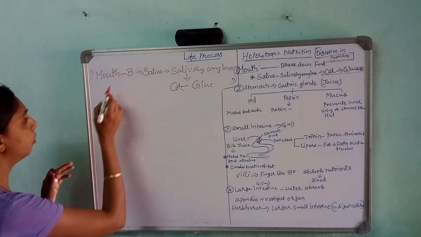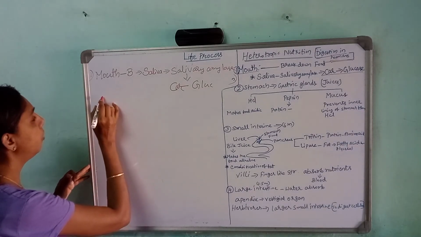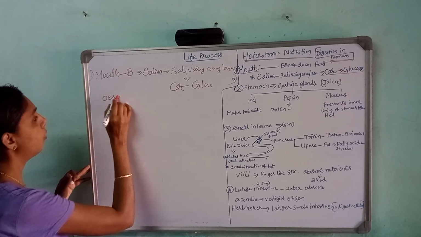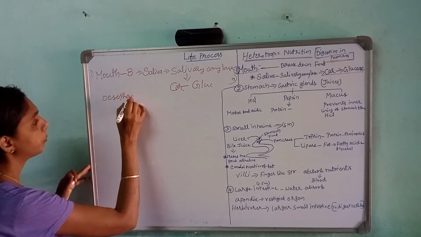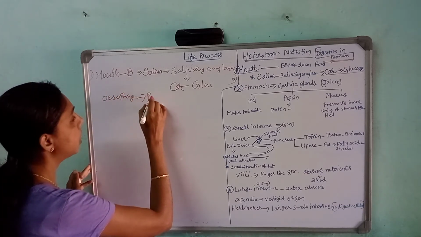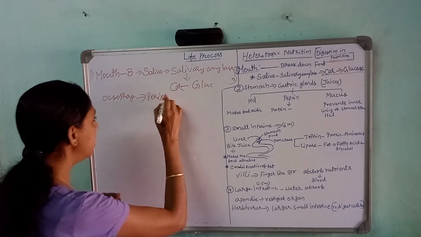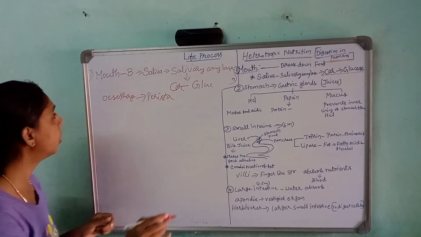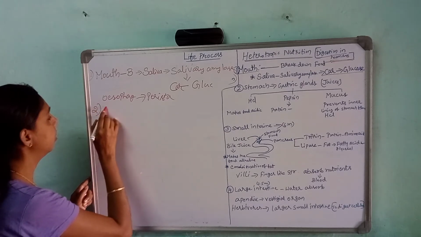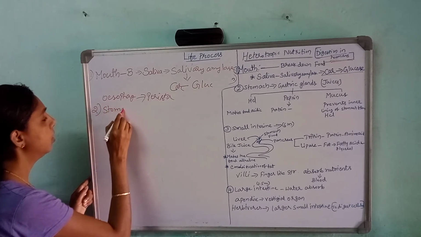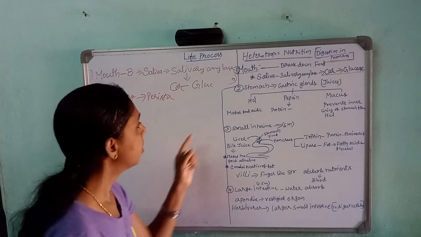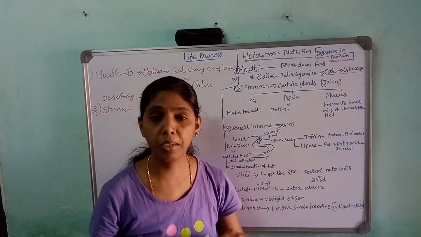So after the mouth, where does the food go? The food will go through the esophagus. So here, peristaltic movement. That movement of the food is called peristaltic movement. Okay. So next come to the stomach. So in the stomach, there are some gastric glands.